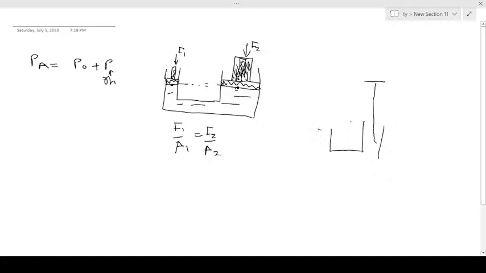We have the point where pressure is applied to the fluid, and then we have a fixed rigid bar which can rotate. Let's do it this way. We'll make this one small this way.